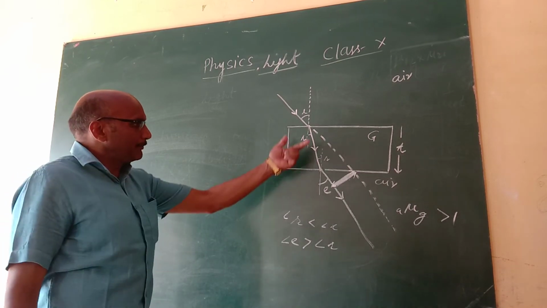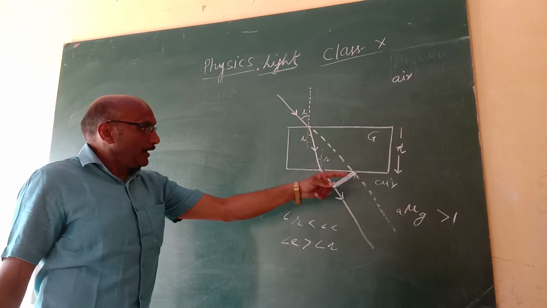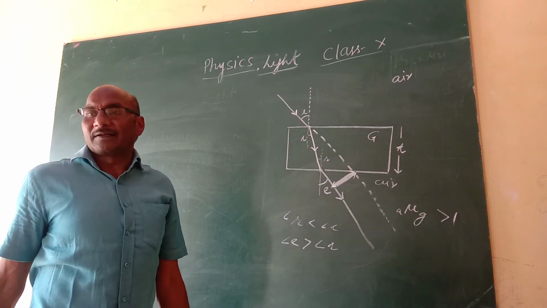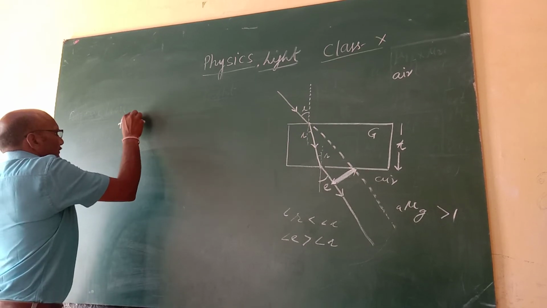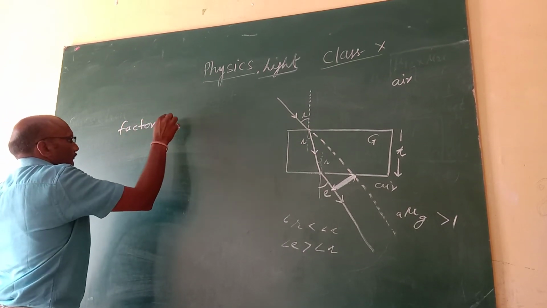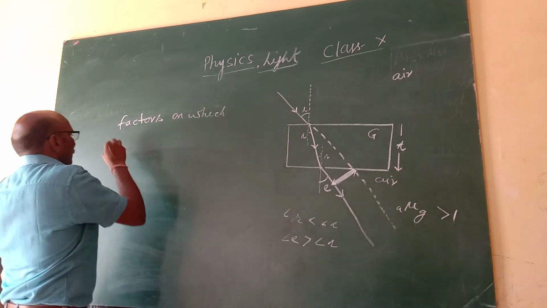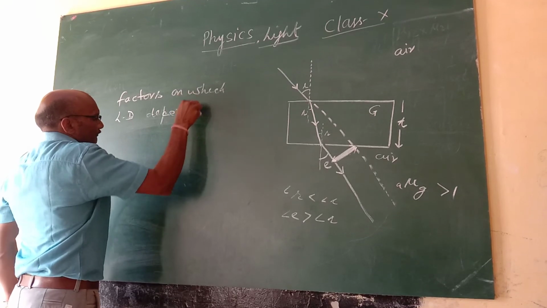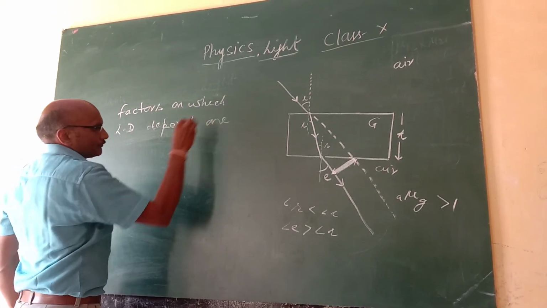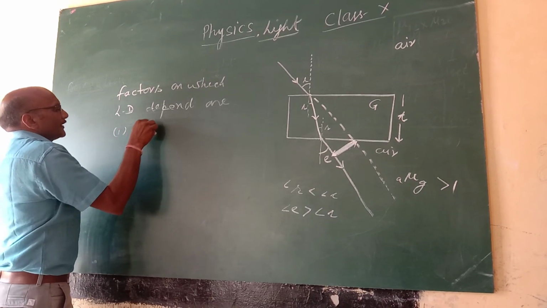This is how light behaves when entering from one medium to another medium, and these are the factors on which the lateral displacement depends. First, the angle of incidence, angle i.